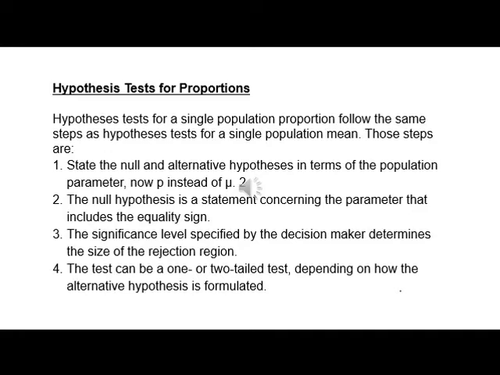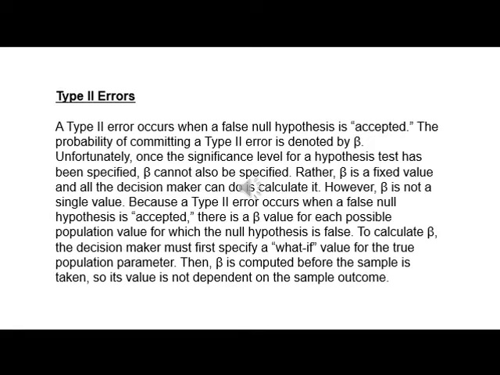Type 2 errors. A type 2 error occurs when a false null hypothesis is accepted. The probability of committing a type 2 error is denoted by beta. Unfortunately, once the significance level for a hypothesis test has been specified, beta cannot also be specified.